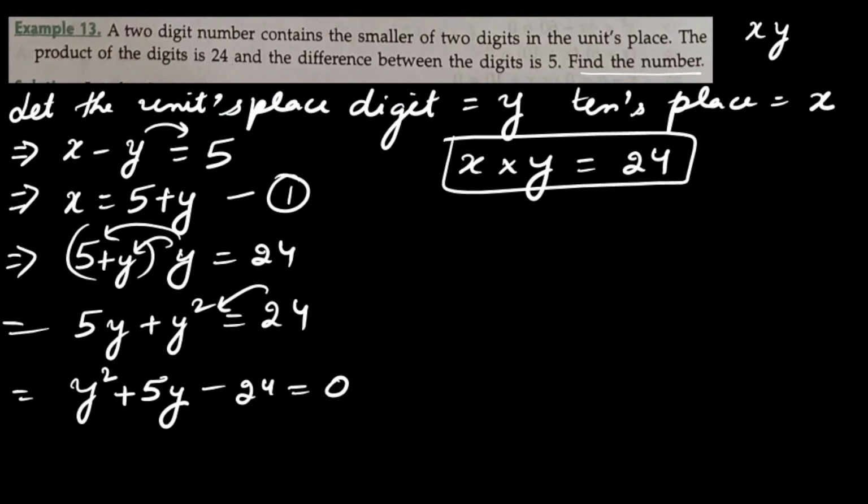Here, in word problems, with any method you can solve, either by the quadratic formula or by splitting the middle term. Yes, so can anyone tell me the value of y after solving the equation? Because I am not solving the equation here. Can anyone tell me the value of y?